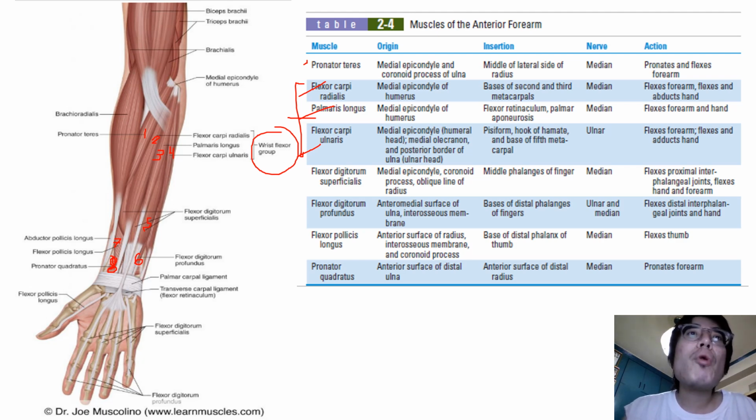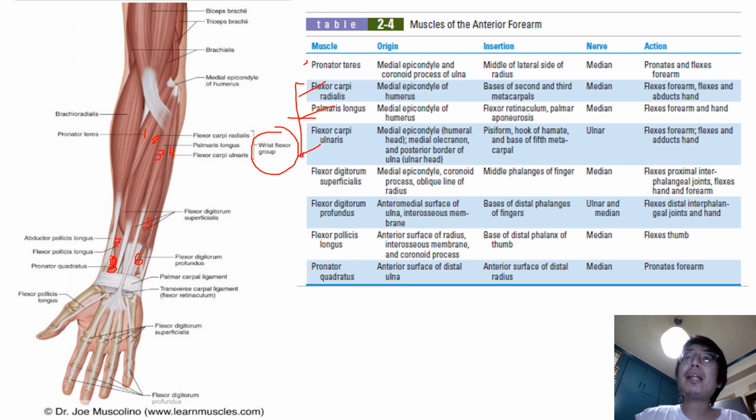We now move more distally towards the hand and wrist this time. We look at the flexor digitorum superficialis. The flexor digitorum superficialis originates also from the medial epicondyle, the coronoid process, and the oblique line of the radius, and it inserts into the middle phalanges of the fingers.